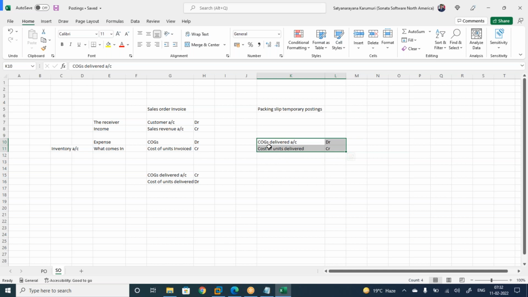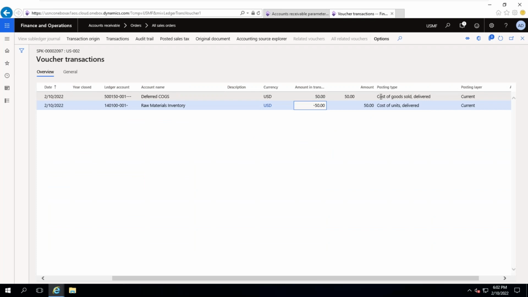This is cost of units, this is COGS, cost of goods sold. And at the time of invoice, this will be reversed.